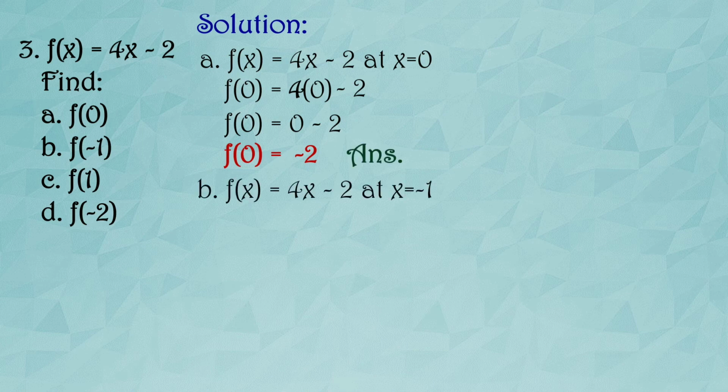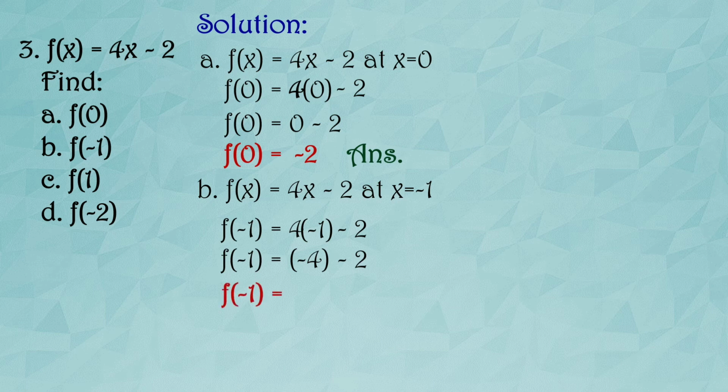Letter B, f of x equals 4x minus 2 at x equals negative 1. We replace x with negative 1. So, 4 times negative 1 is negative 4. Negative 4 minus 2 is equal to negative 6. The value of the function at x equals negative 1 is negative 6.